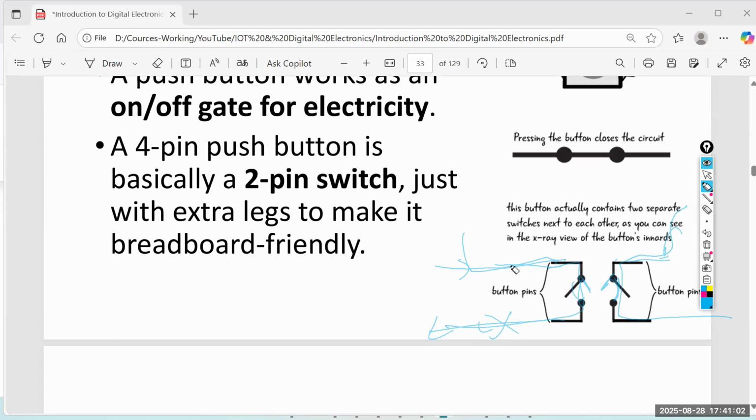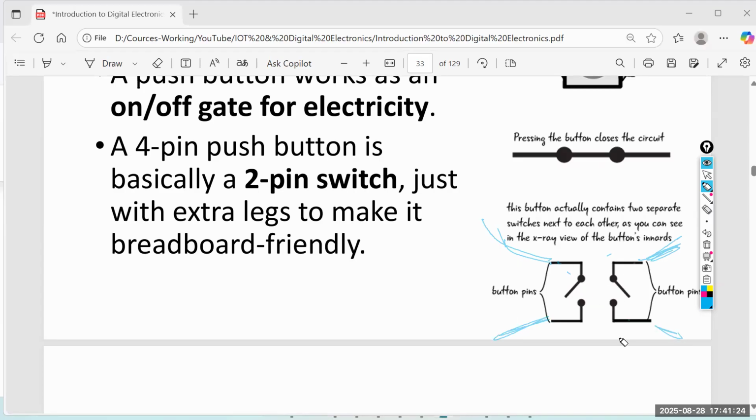But most of the time we will use only one side. So you don't usually use the push button like this. This one and this one you don't use, because even when you push it, they are not going to connect. So make sure you connect this and this, or this and this, not this and this.